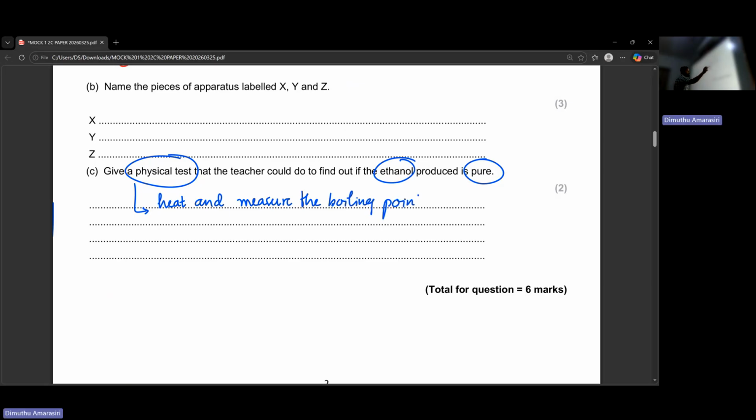A pure substance should have a fixed boiling point. They might have given it at the beginning. Here, boiling point again. It should be a fixed boiling point. It should start boiling at a constant temperature. Again, ethanol should be collected at a constant temperature.